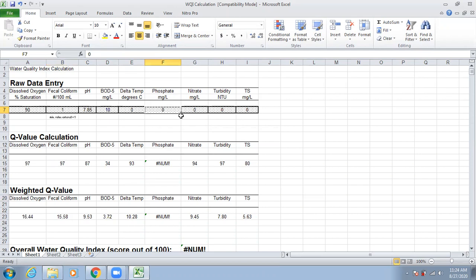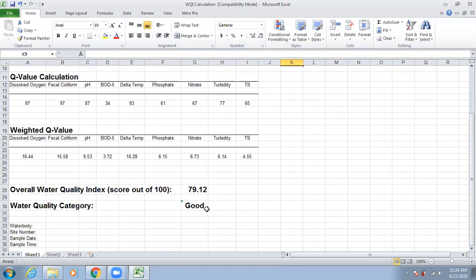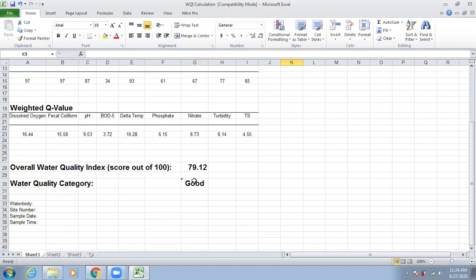Phosphate is about 0.3, and nitrate is suppose 5, turbidity is 10, and total solids are like 250. So you can see here the water quality index is 79.12, and it also says whether it is good or bad.